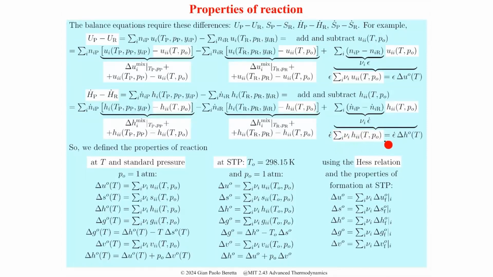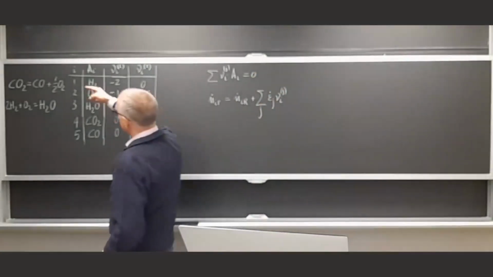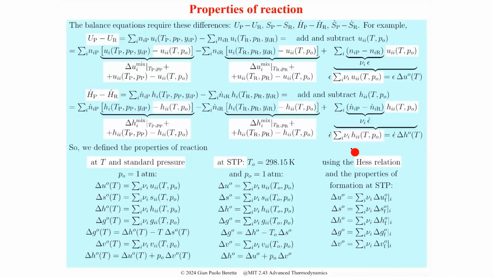The summation you also call the enthalpy of the reaction, because it refers to a specific reaction, because it depends on the stoichiometric coefficients of that reaction. So I'll have an enthalpy of this reaction, and another enthalpy for that reaction. Each reaction has its own value for these properties of reaction. We call them properties of reaction.